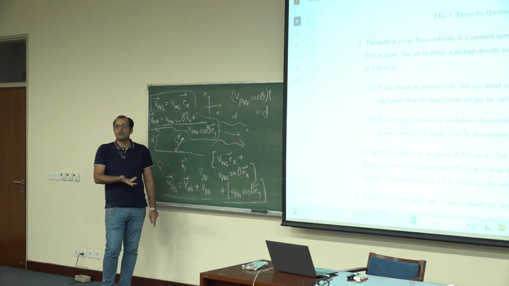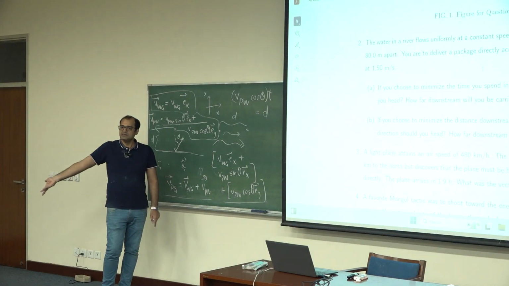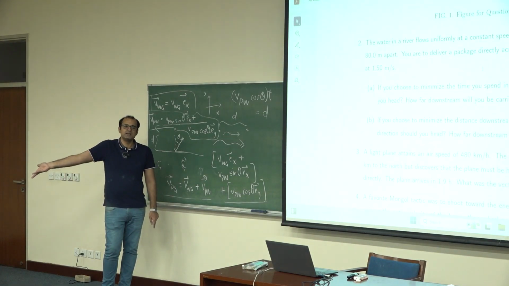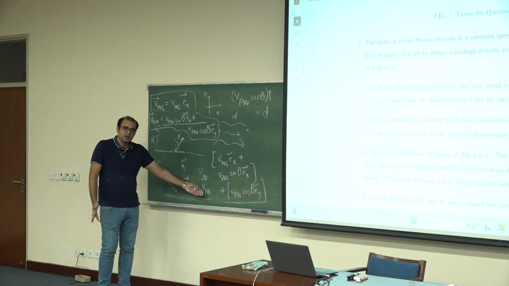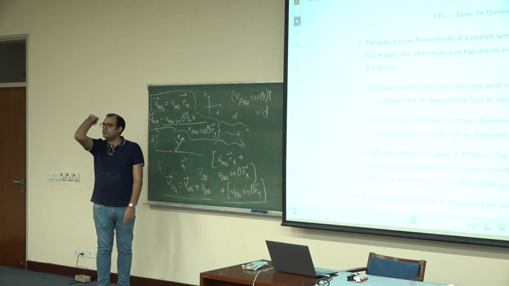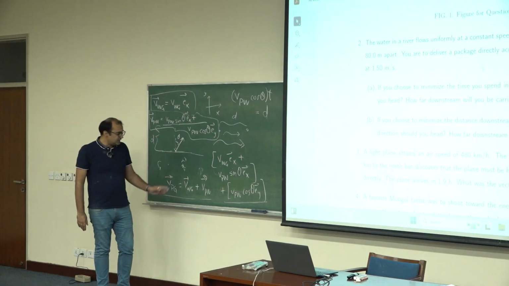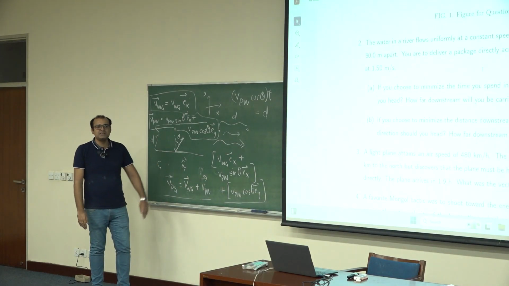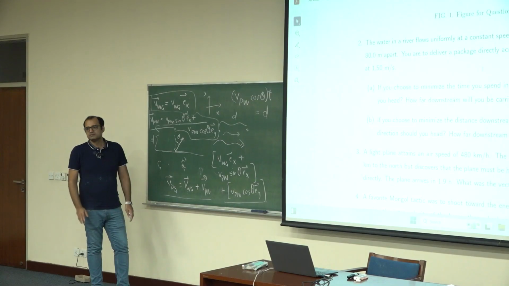What's the speed of the ball with respect to the ground? 10 plus 5 equals 15 meters per second. This is exactly the same thing, except of course I could be throwing the ball straight up. I could be throwing the ball opposite direction to the motion of the car. This takes into account all those possibilities because I'm adding vectors.